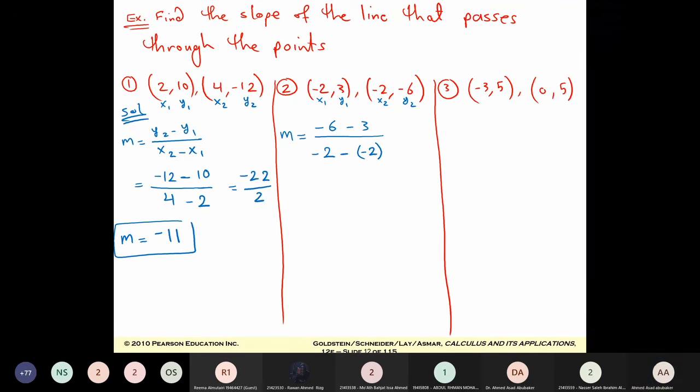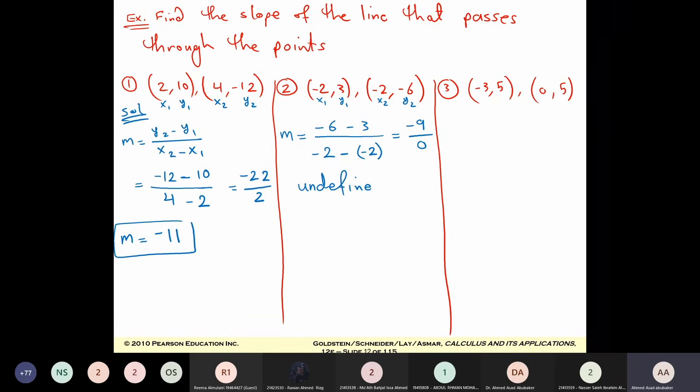So this equals negative 9 over 0, because we have negative 2 plus 2. So is this defined or undefined? Not 0. 0 over a number is 0, but a number over 0 is undefined. So this is undefined.